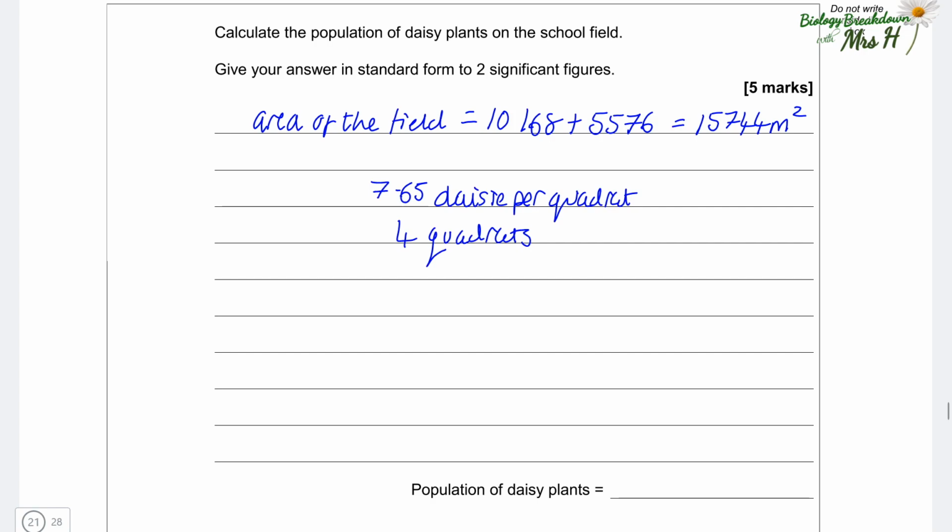So we need to do the total area, 15,744 times the 4 quadrats times the mean number of daisies per quadrat, and that gives us 481,766.4, and we need to put that in standard form to 2 significant figures, so that is going to be 4.8 times 10 to the 5.